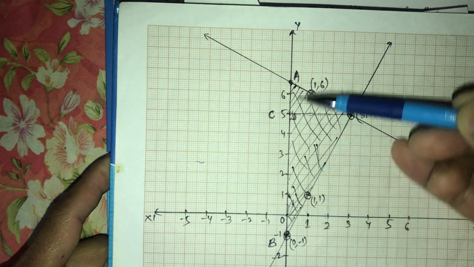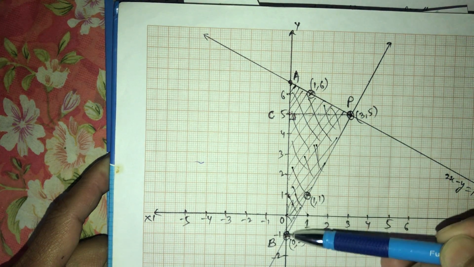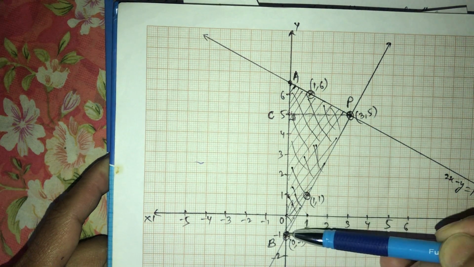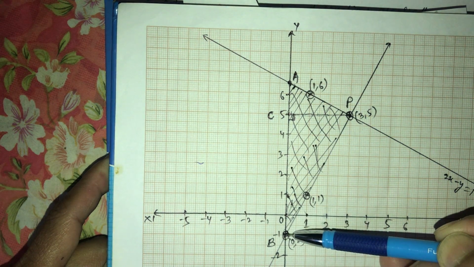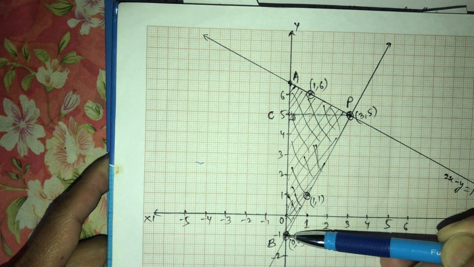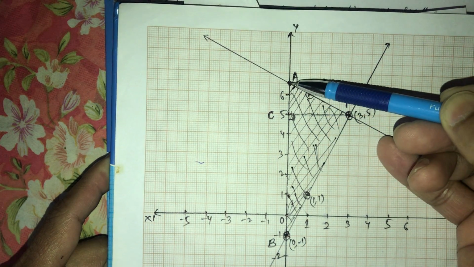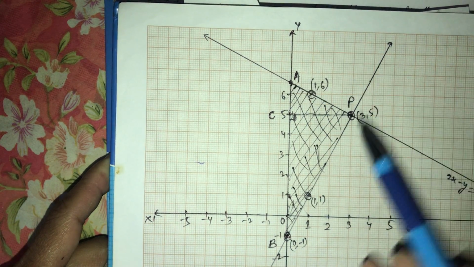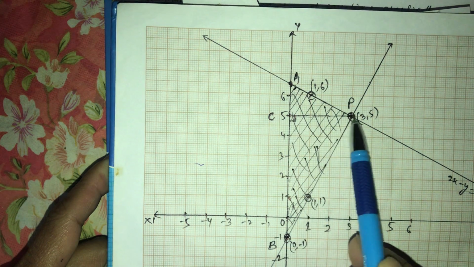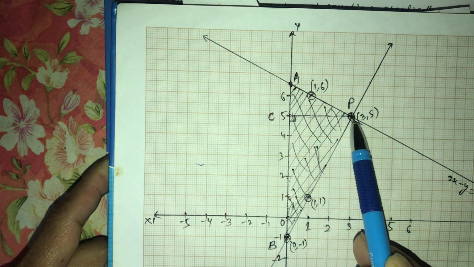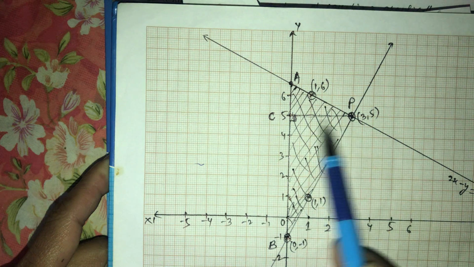This is above 0, but there is some part below 0 also. Up to here, B, this is another 1. So counting from here: 1, 2, 3, 4, 5, 6, 7.5. This is 7.5. And what about the height? This one. If you see down, the height is 3.